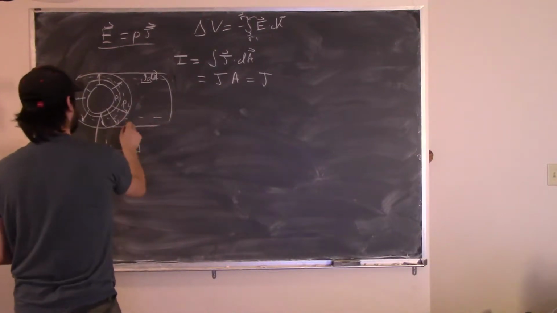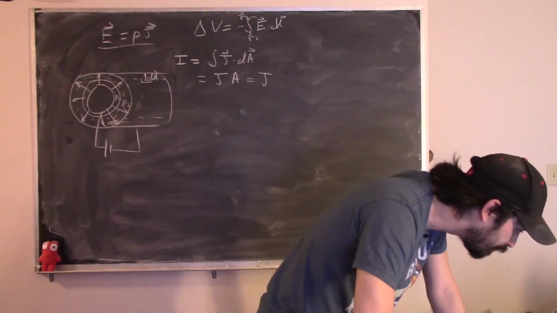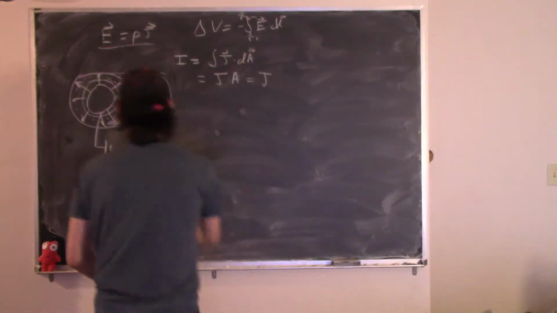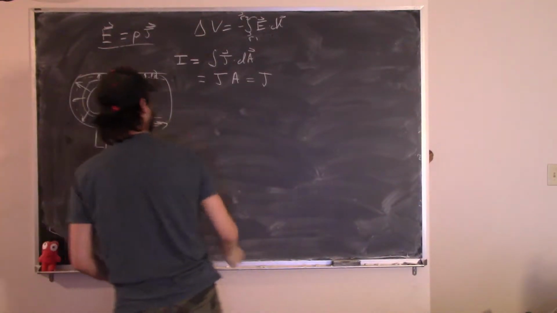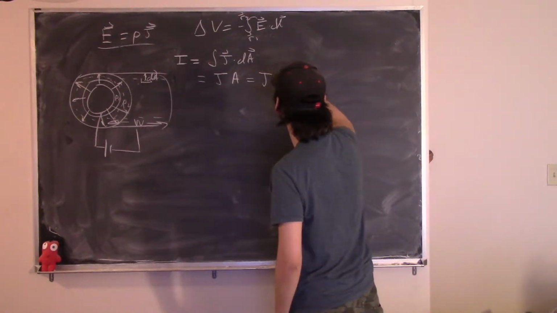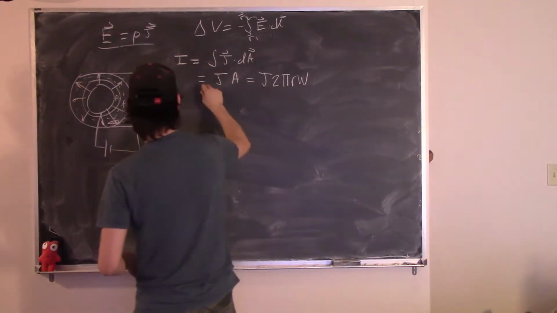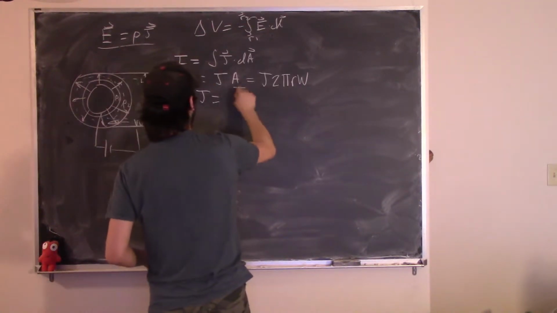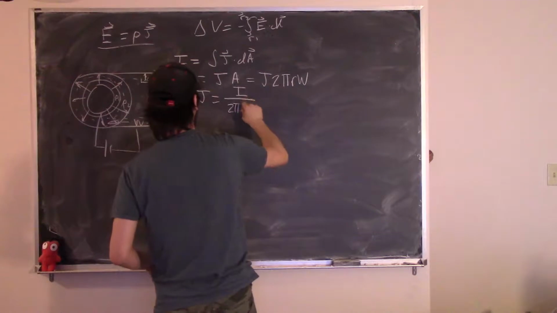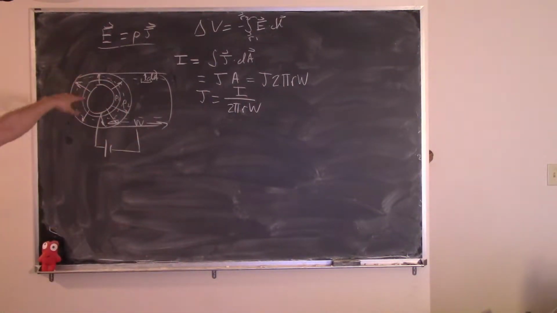And so if this is some length, I believe it says a length of W, this says that J times A is going to be J times 2 pi times R times W, or that J is going to be equal to I divided by 2 pi R W.